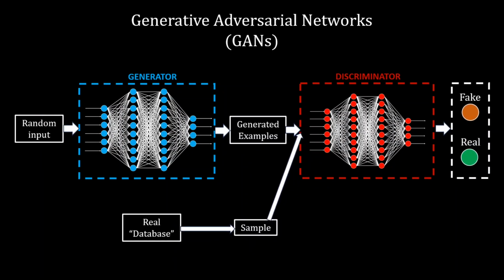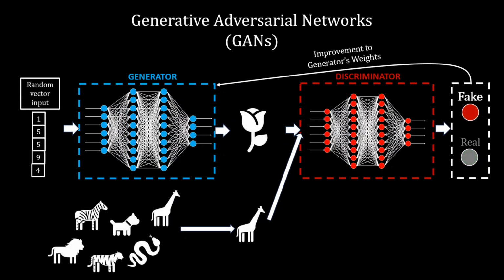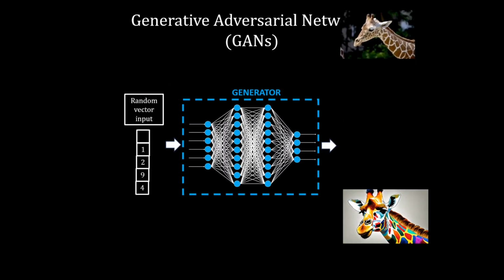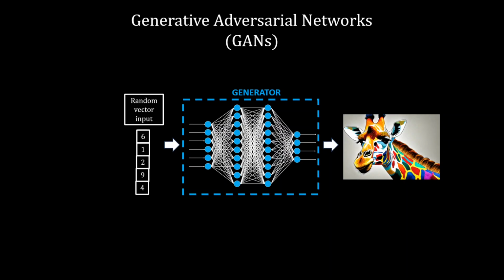The generator creates new content, while the discriminator evaluates its authenticity against real content. Taking animals as an example, the generator will keep getting trained until it becomes so good that it creates content that is indistinguishable from the originals, like this giraffe, for instance. Then we can use the generator network to generate entirely unique and novel content.